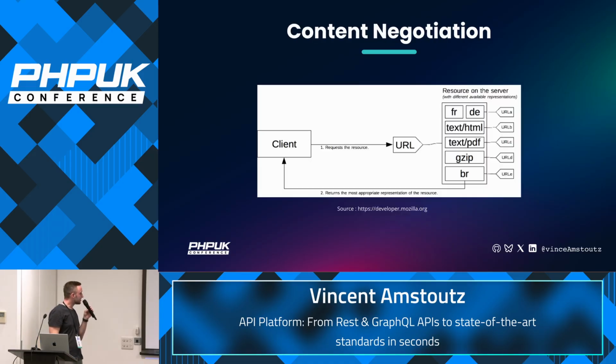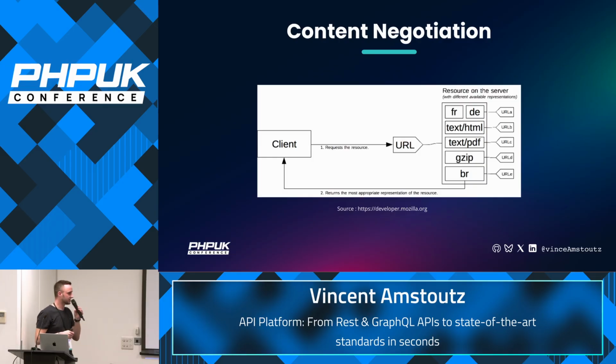After that, when a client requests a resource using a URL and a method, GET, POST, PUT, etc., to a server, there is an Accept header, sometimes, not always.